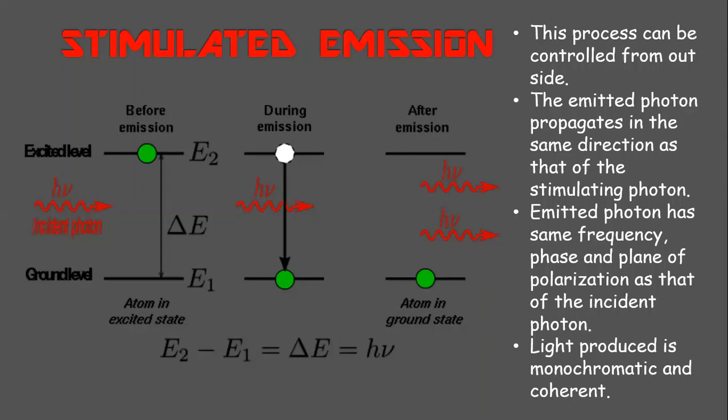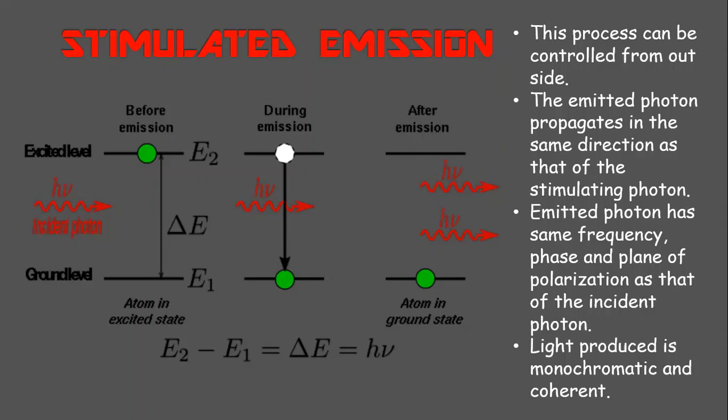The energy of the stimulating incident photon must be equal to the energy difference between the two electron shells. In this process, the excited electron releases an additional photon of same energy, same frequency, same phase, and in the same direction while falling to the ground state. So in stimulated emission process, each incident photon generates two photons.